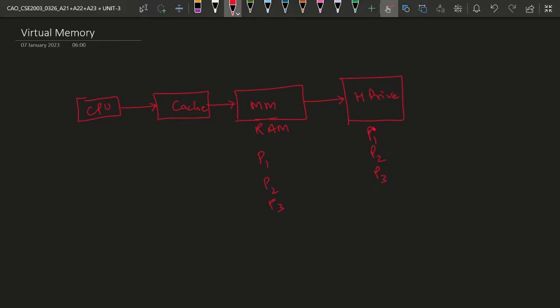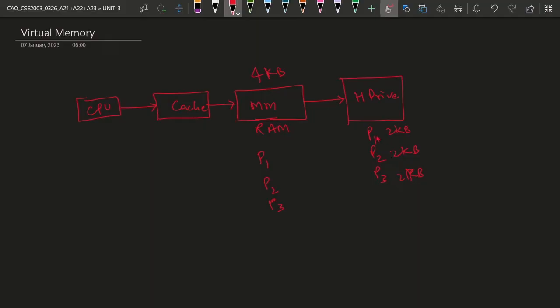Suppose this RAM is of only 4 KB, as an example we are considering. Our processes P1 is 2 KB, another one is 2 KB, and the next one is 2 KB.